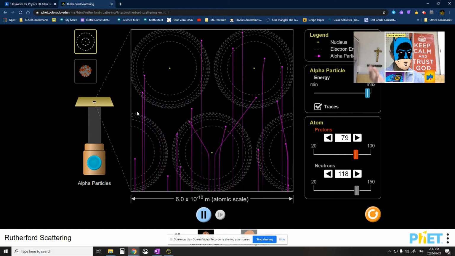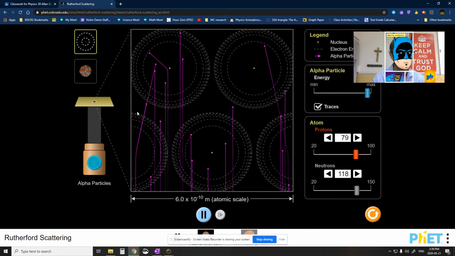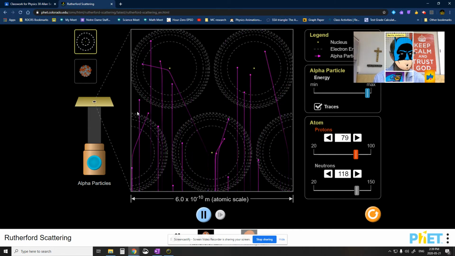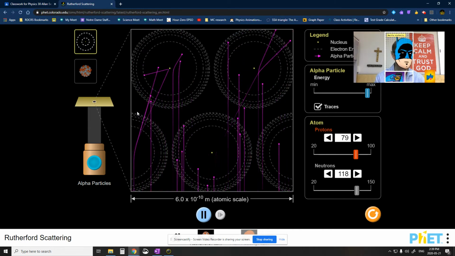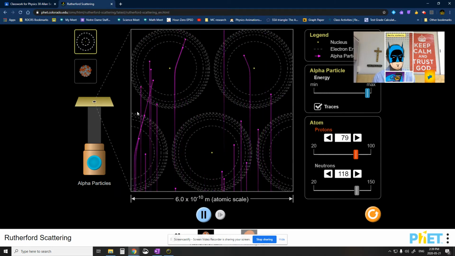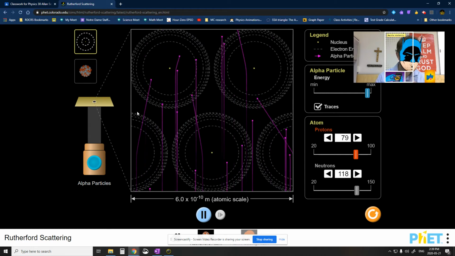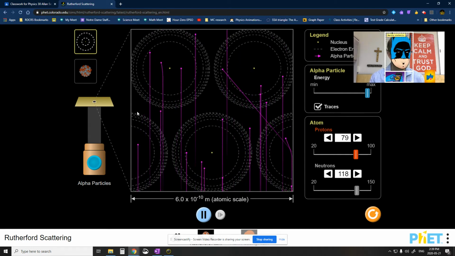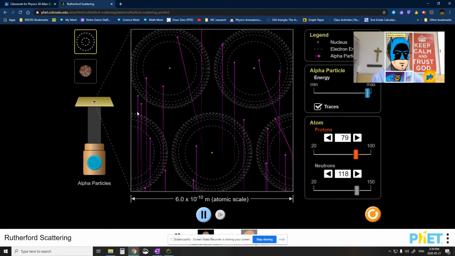But not all the particles are deflected at all. Some of them are just barely deflected or travel straight on through. So he had to come to some conclusion to fix this model.